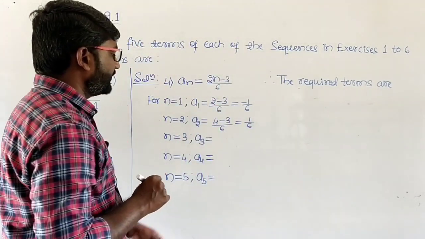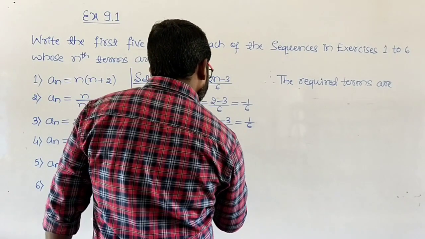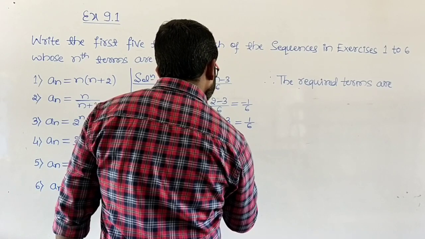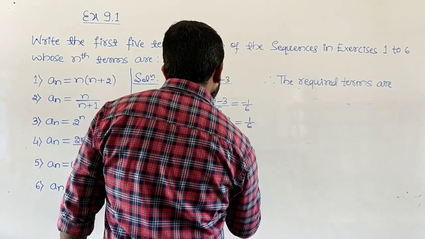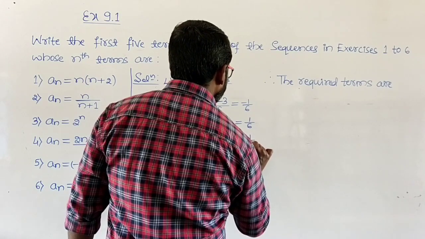Then for n equal to 3, 2 into 3 is 6 minus 3 divided by 6. 6 minus 3 will be 3, 3 by 6 it is 1 by 2.